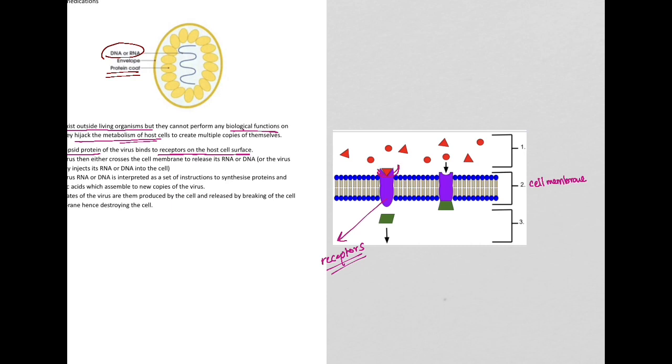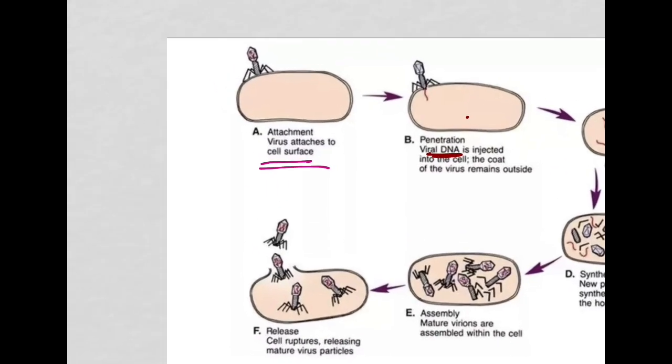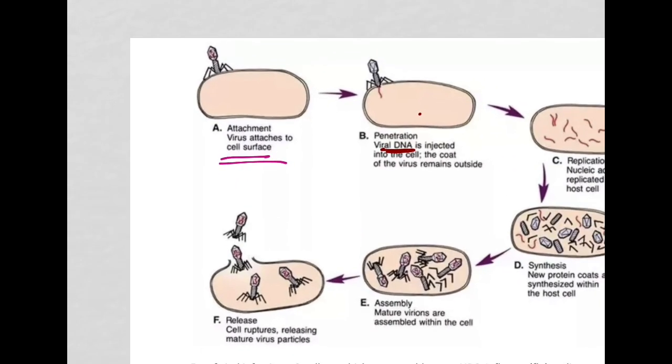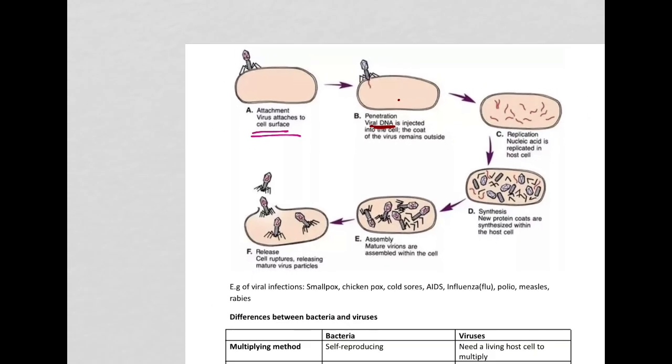You can see this one has a triangle shape and this one has a circular shape. So specific molecules can fit in specific receptors, and the virus will bind to one of these receptors and is going to send in the nucleic acid, RNA or DNA, inside the cell. So the virus will stay on the membrane and is going to inject the viral DNA or RNA into the cell. The coat of the virus will remain outside.